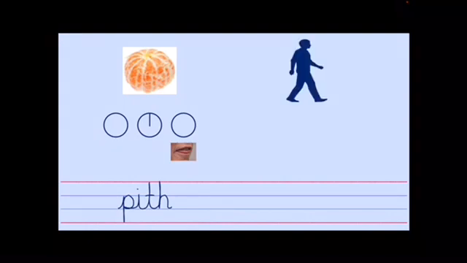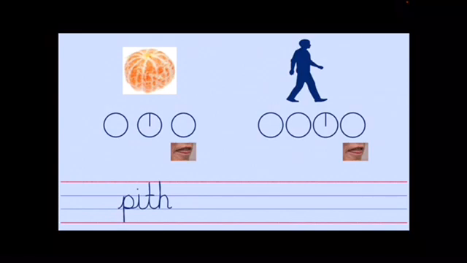This is Bob Smith. But we're just going to write his surname, his last name, Smith. Let's think about the sounds. S, M, I, th. So which letters will we need? And what else do we have to think about?